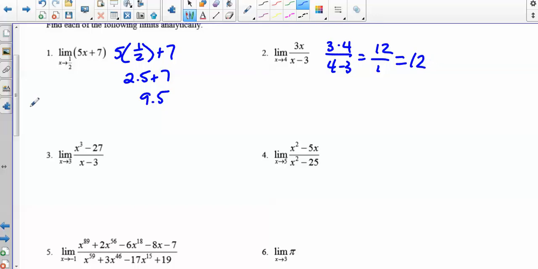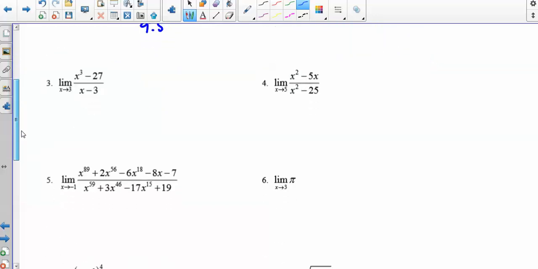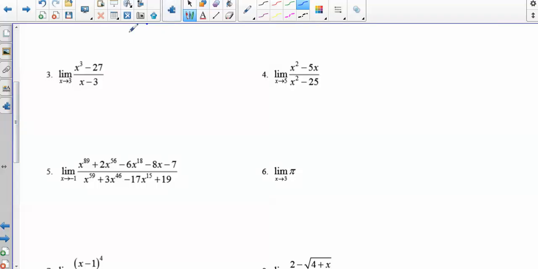In problem 3, if you substitute the 3 in, you're going to get 0 over 0, the indeterminate form. So we need to factor, and we're going to factor a difference of cubes again. The numerator is x cubed minus 3 cubed.